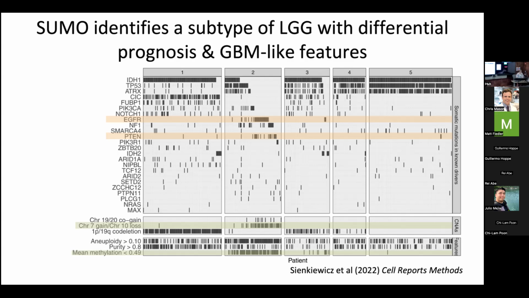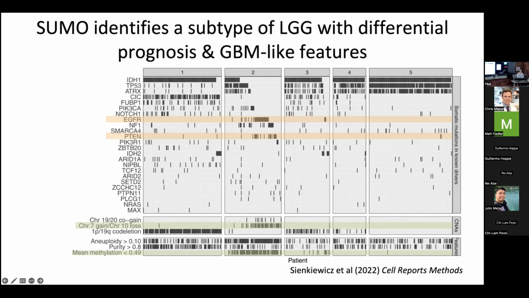There were additional changes here: genome-wide hypomethylation, chromosome 7 gain and chromosome 10 loss appear to be the hallmarks of this type. We published a paper calling for a change of the WHO criteria, or inclusion of this particular one.